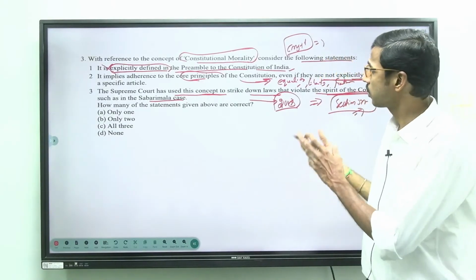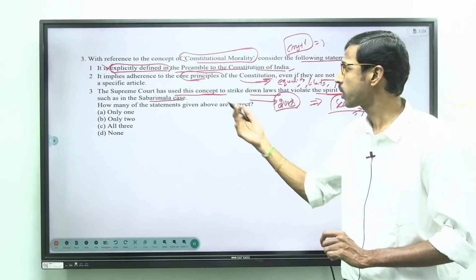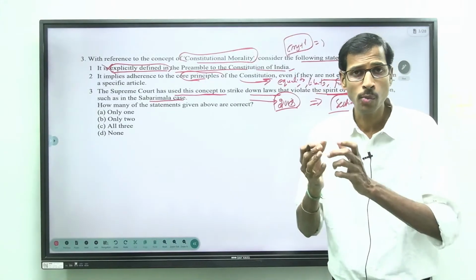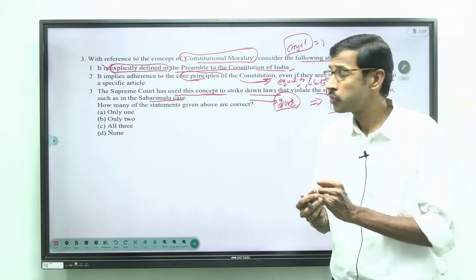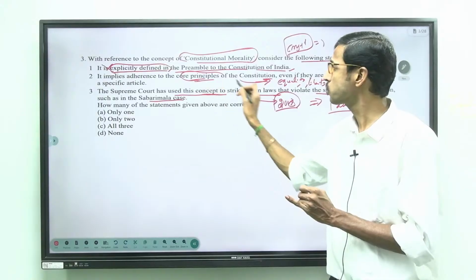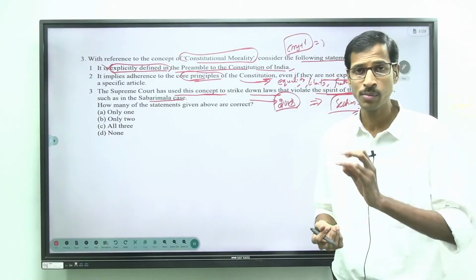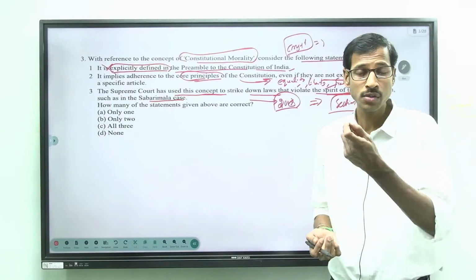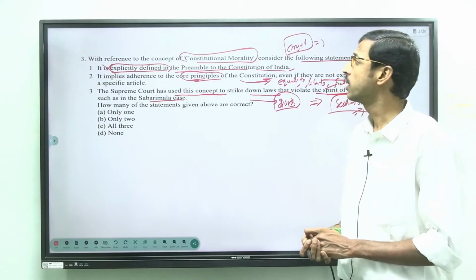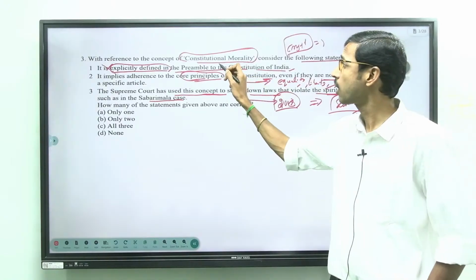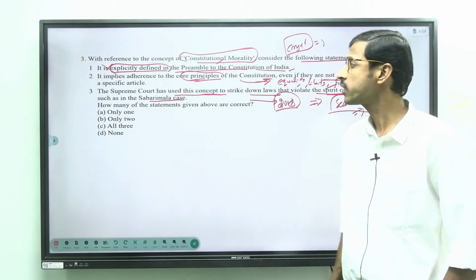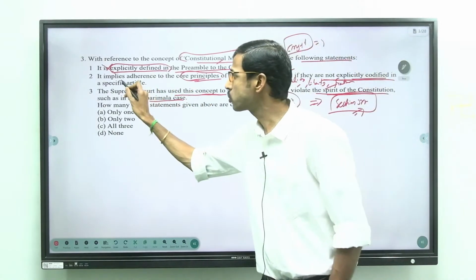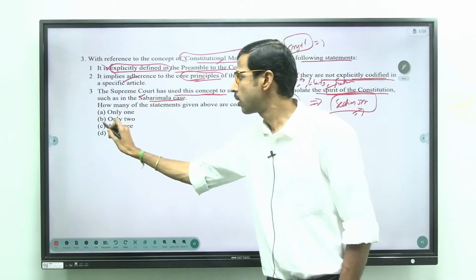For these important matters, the Supreme Court has already used this concept, constitutional morality. So here we are taking these core principles of the Constitution, equality, liberty, and fraternity, as the spirit of the Constitution instead of an explicitly defined constitutional morality, right? So here only 2 and 3 are the correct options.